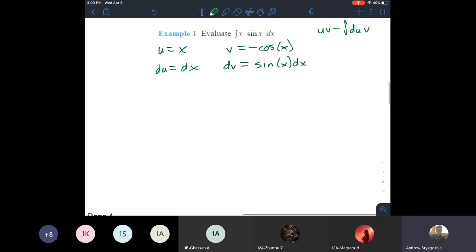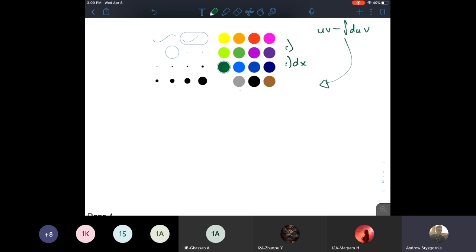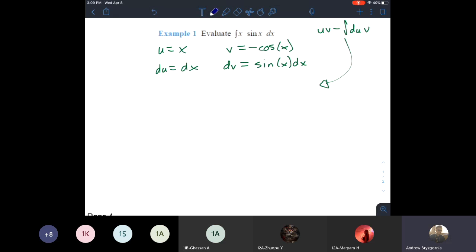So now if we use the formula to write this, uv will be x times negative cosine of x. And now the integral of v du is going to turn into something much nicer for us. It's going to be negative cosine x dx.